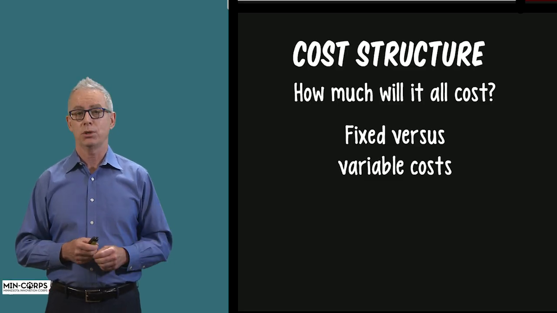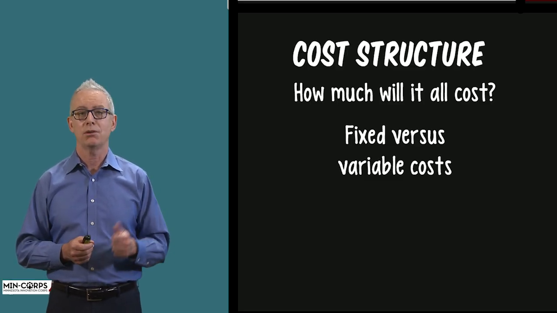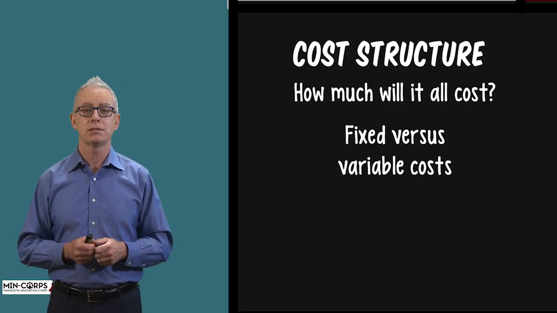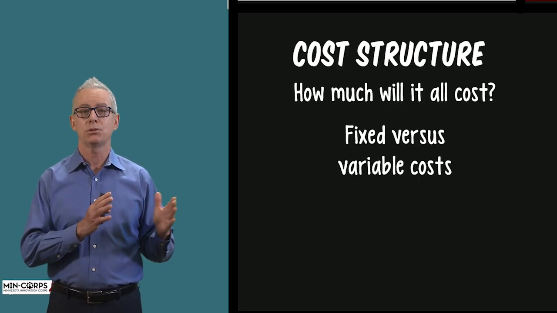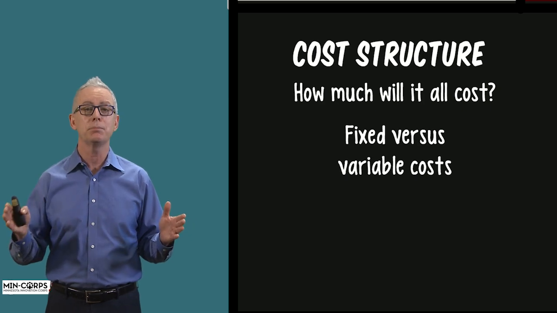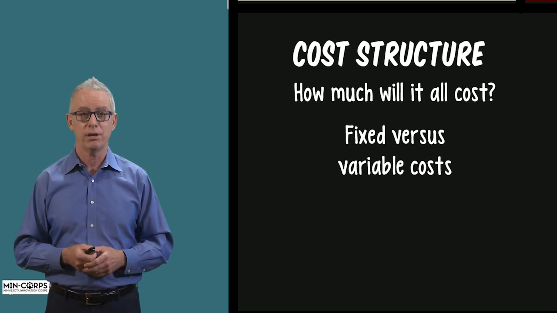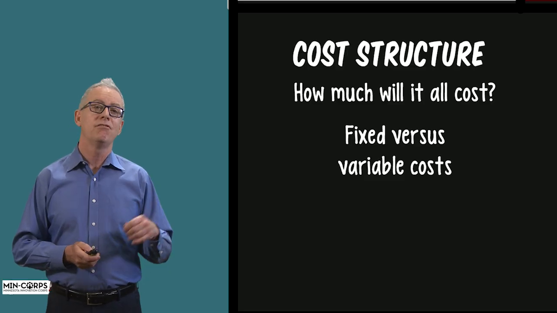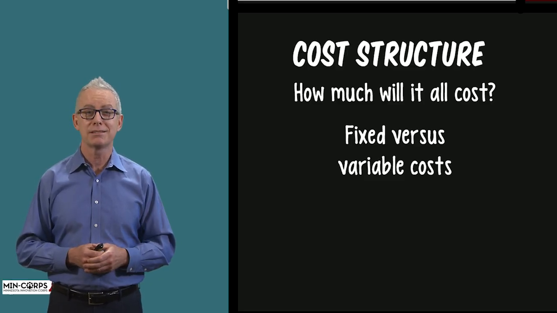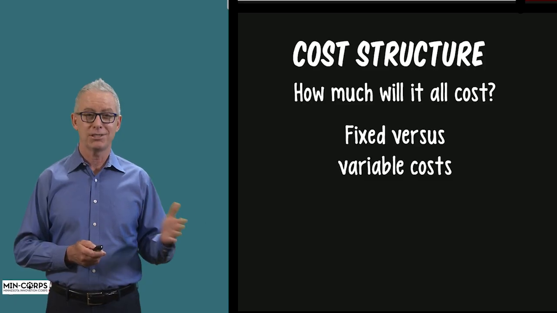But there's another important consideration here we should take into account, and that is fixed versus variable costs. Especially as an emerging business, you want to minimize where possible your fixed costs. These are costs that you now have to pay on an ongoing basis, regardless of whether or not you have orders for your product. Variable costs give you flexibility to not have to make payments and owe money to others if you're not selling.